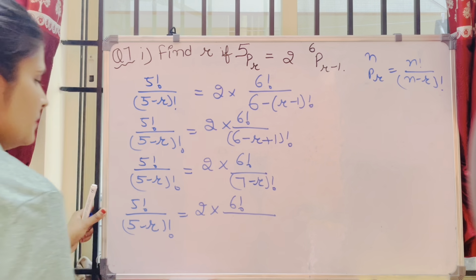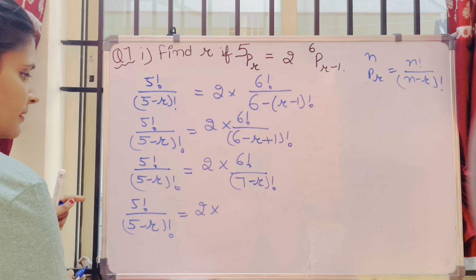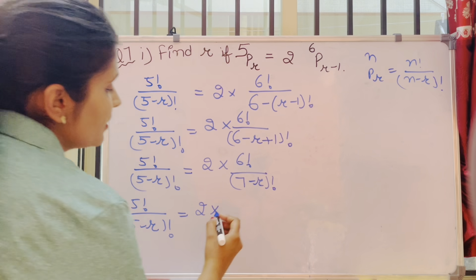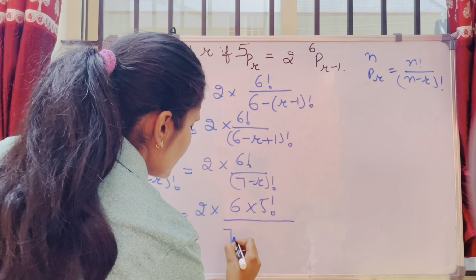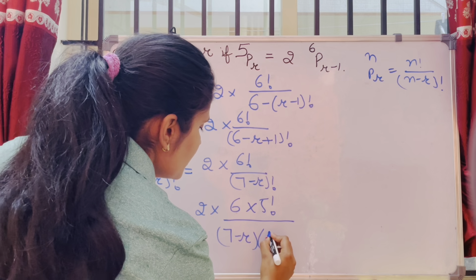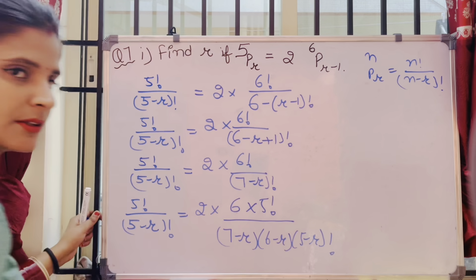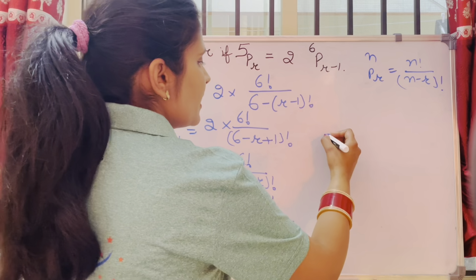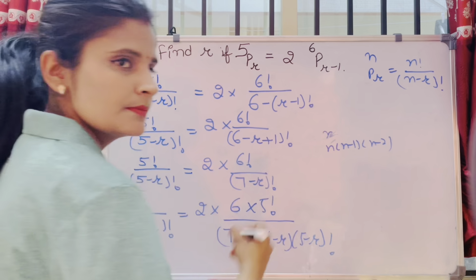So in the next step, 5 factorial upon (5 minus r) factorial is equal to 2 into 6 factorial. We can write 6 factorial as 6 into 5 factorial. Similarly, (7 minus r) factorial we can write as (7 minus r) into (6 minus r) into (5 minus r) factorial, because we can write n factorial as n into (n minus 1) into (n minus 2) and so on.